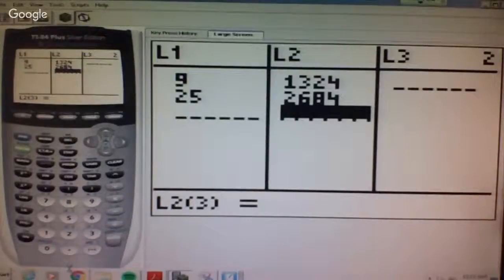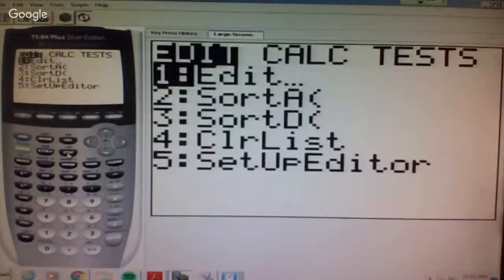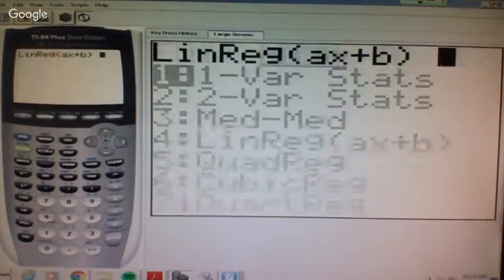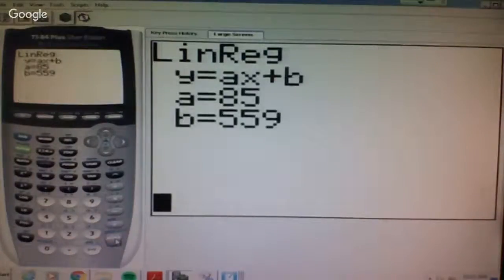Okay. It says that this is a linear growth model. So we can now go back to stat, go over to calculation. Because I know this is linear, I want choice number 4. And hit enter.